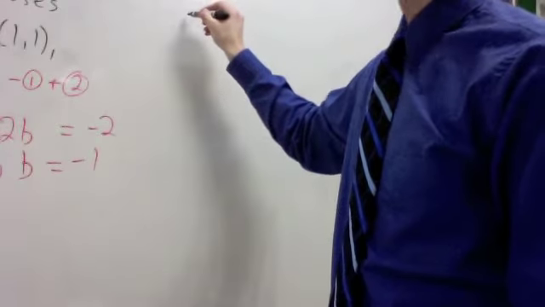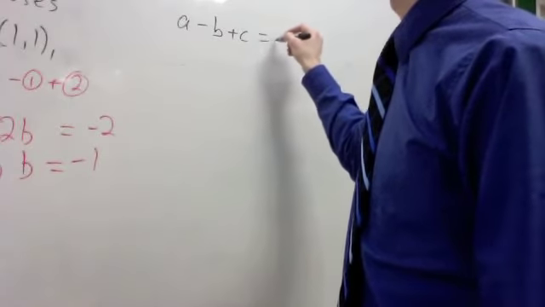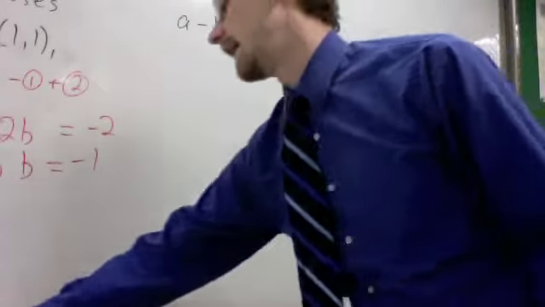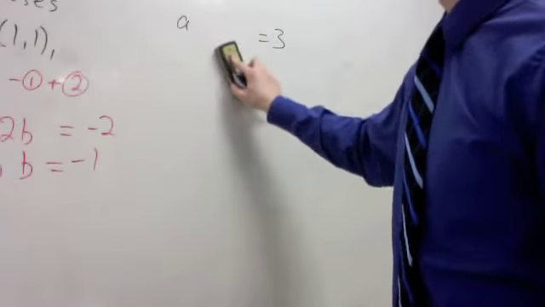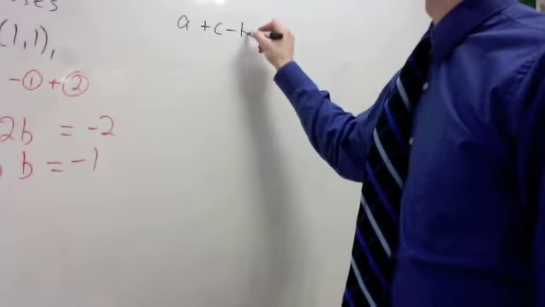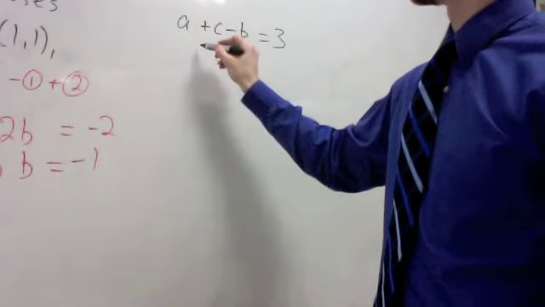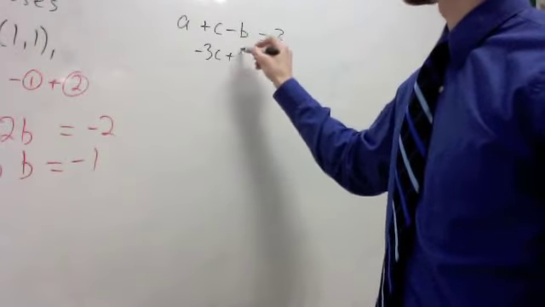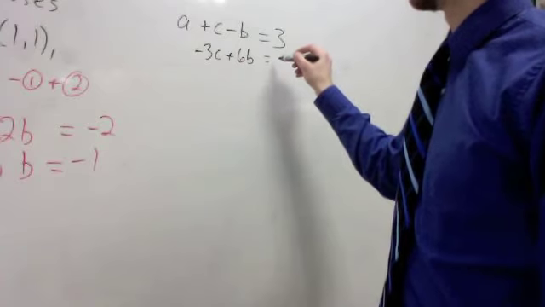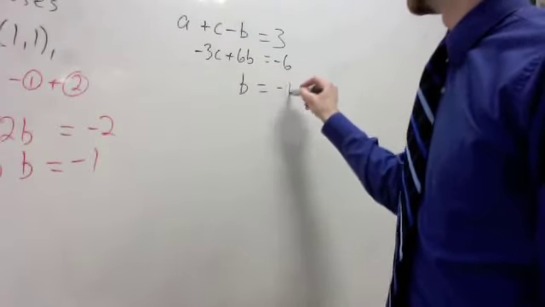We have a minus b plus c equals 3. Because b was the one we have solved for already, I'm going to change the order of these so they look like our row echelon form. We have negative 3c plus 6b equals negative 6, and we have b equals negative 1.